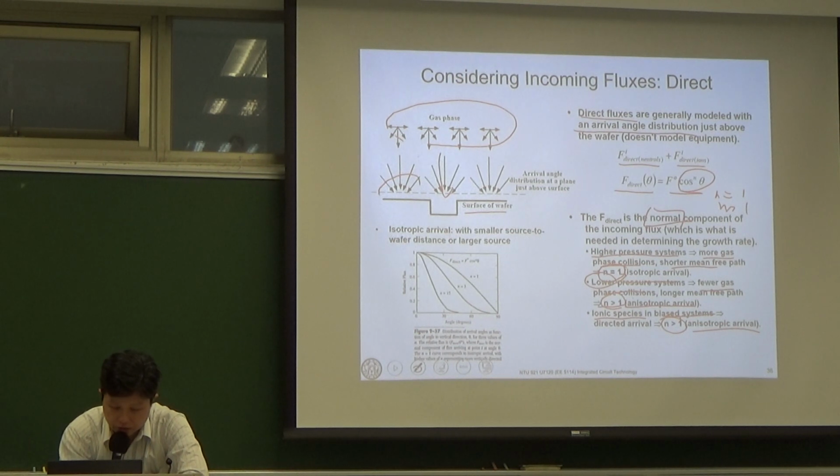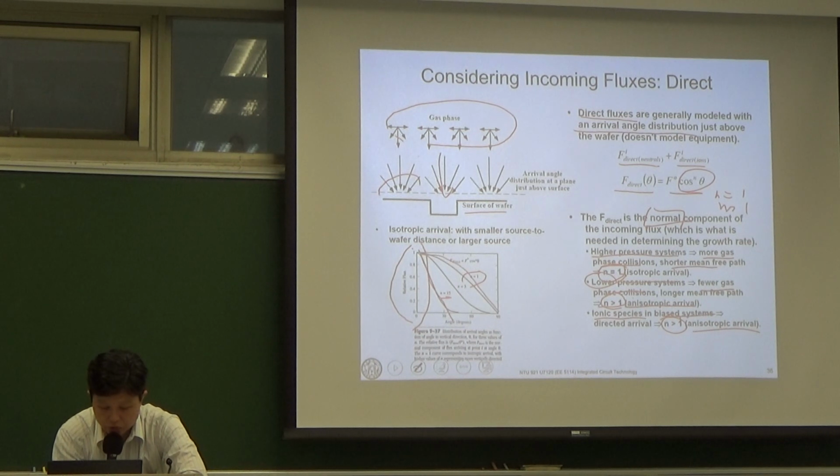The n dependence can be seen from these figures. When n equals 15, you see the angle distribution is less than 30 degrees. Most of the deposition comes within 30 degrees. And for n equals 1, it goes up to 90 degrees.